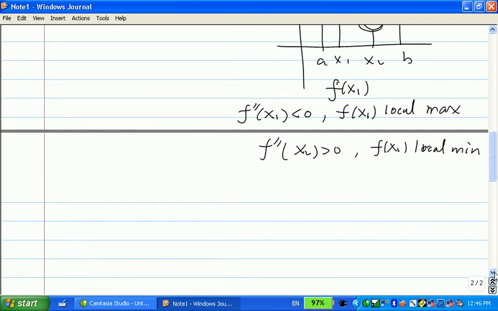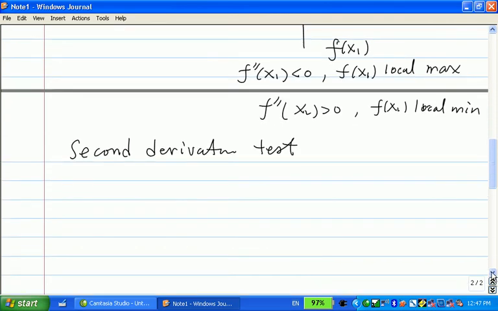Okay, for a function depending on two variables, we also have a second derivative test, but it's much more complicated. For the second derivative test, first of all, we have to find a quantity we call D, evaluated at the point (a,b).